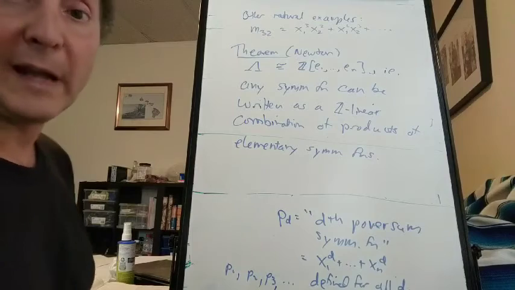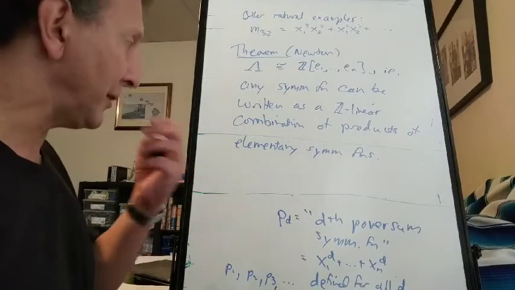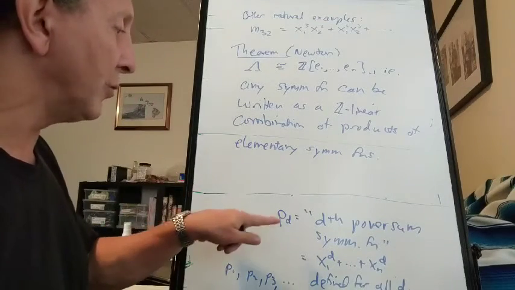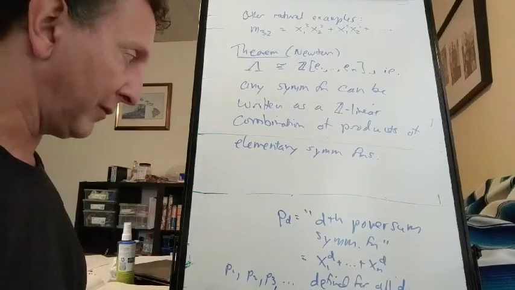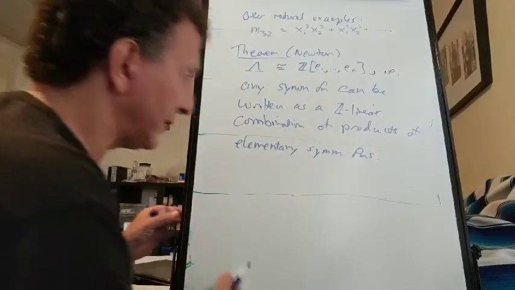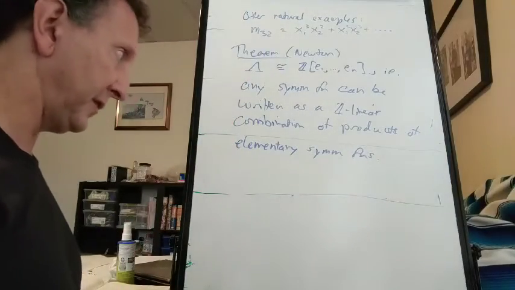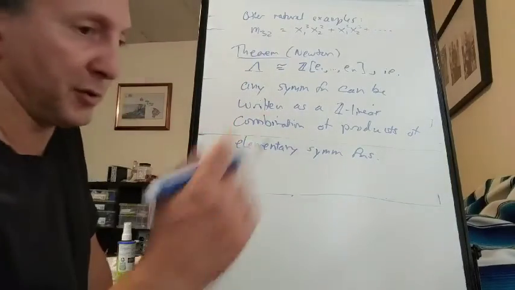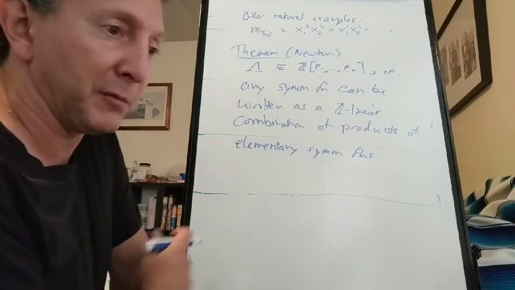Now there are many formulas expressing different natural symmetric functions in terms of elementary symmetric functions. I want to show you one for the dth power sum symmetric function. I don't remember whose result this is or what the proof is, but I'll show you the formula anyway, just so we get an example of one.